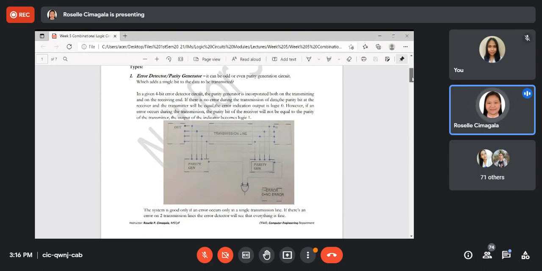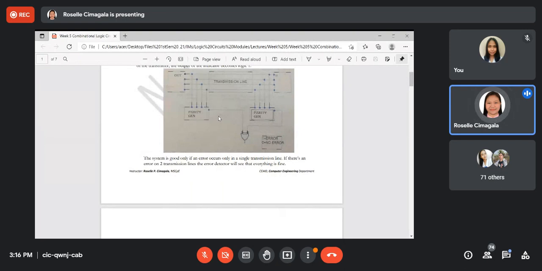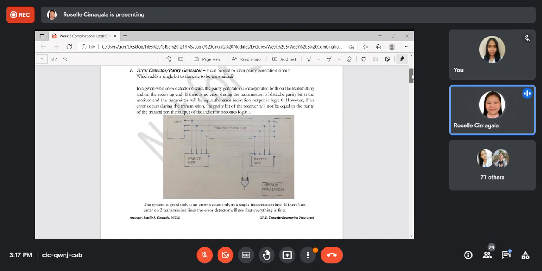That is the purpose of this circuit. It can also be applied not only to a transmission line, but wherever you want to know if there's an error or not. The data passes through the parity generator so that you can determine if there is an error or no error. That is the role of this circuitry.